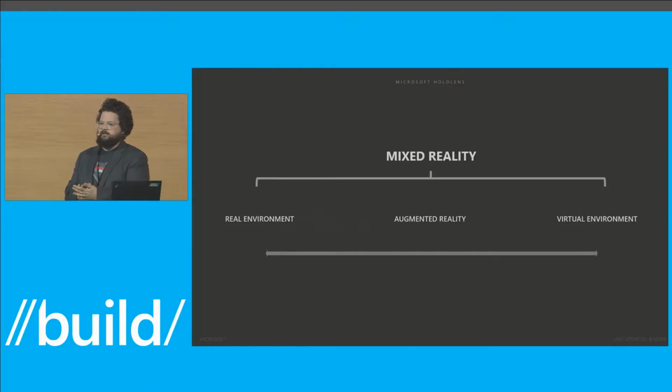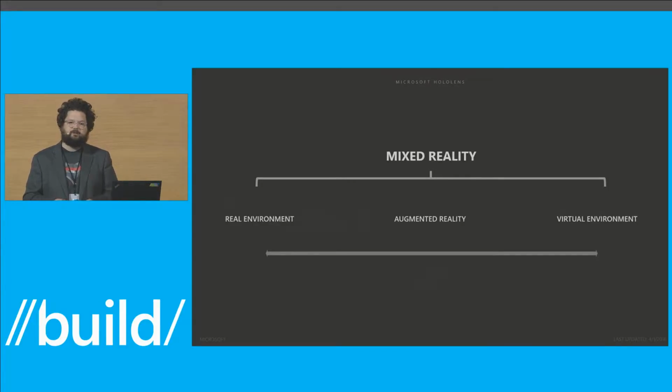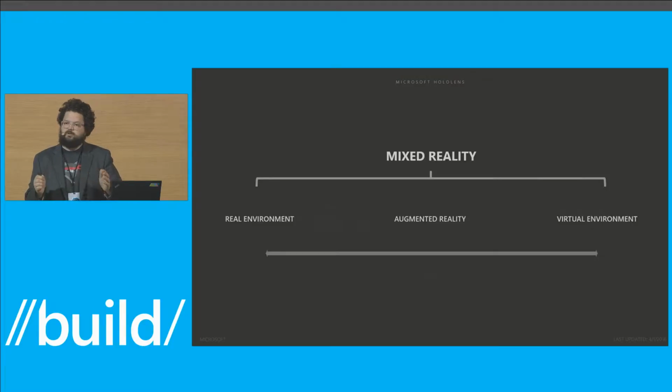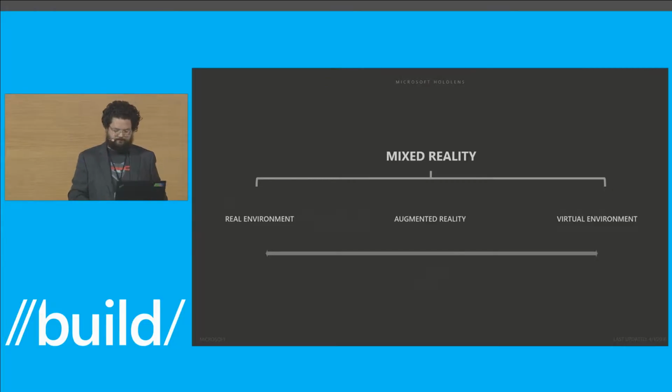Now, augmented reality traditionally composites this virtual information and the real information together, but typically through something like a tablet or a phone. And in mixed reality, what we're doing is allowing the people who create experiences and applications to think of this as a spectrum in which you as a developer can move your user between the real world and virtual data items, and back and forth.